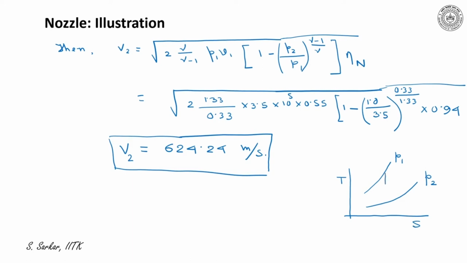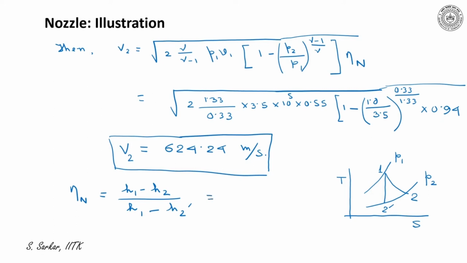So 1 to 2 dash is the isentropic expansion in the nozzle, and 1 to 2 is the actual expansion. Then I can write the nozzle efficiency eta n is equal to (H1 minus H2) divided by (H1 minus H2 dash). That means actual enthalpy drop divided by isentropic enthalpy drop within the nozzle.